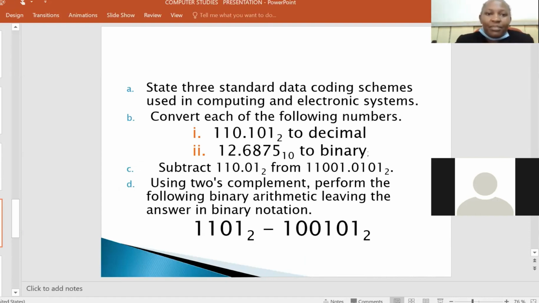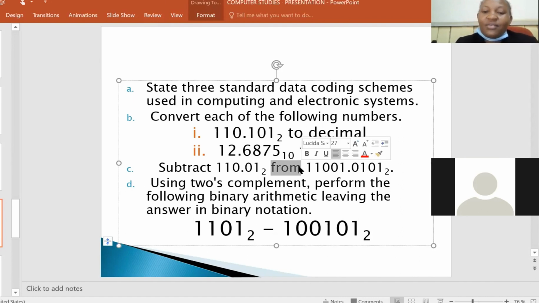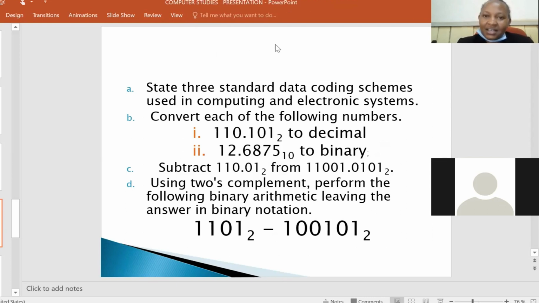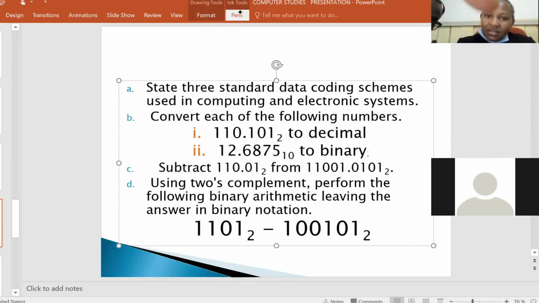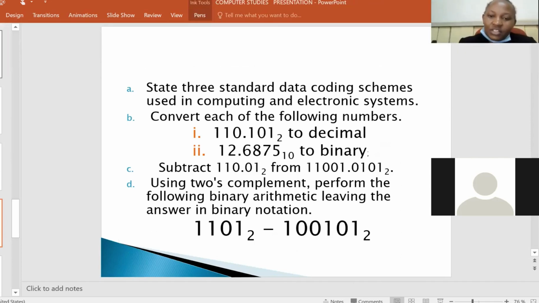So the key point here, you should be able to see the word "from." So in this case, from. So subtract this number from this number. You are supposed to subtract 110.01 from 11.0101.